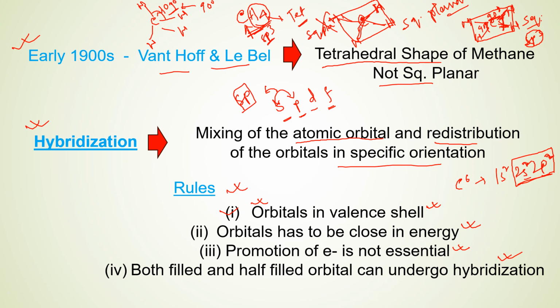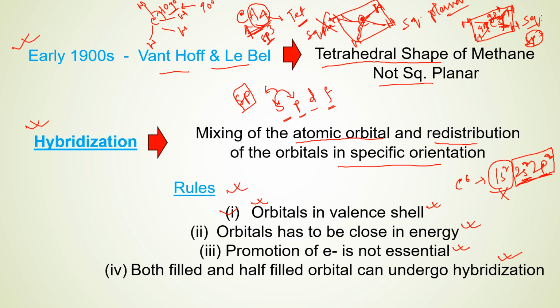The first point tells us that only orbitals in the valence shell can undergo hybridization. So the underneath 1s orbital cannot undergo hybridization, only 2s and 2p in the second shell of carbon.